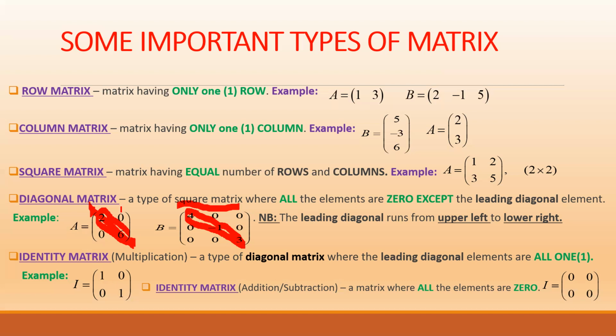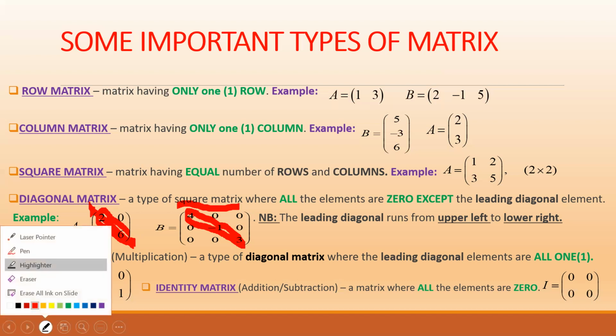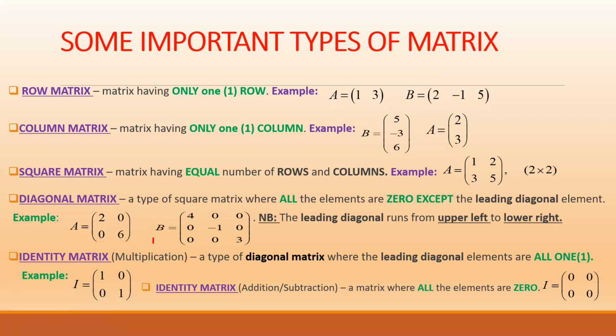Nothing else. If you look at these diagonal matrices up here, you'll realize that the leading diagonal elements are not zero. And if you look at the identity matrix for multiplication, the leading diagonal elements are also not zero.